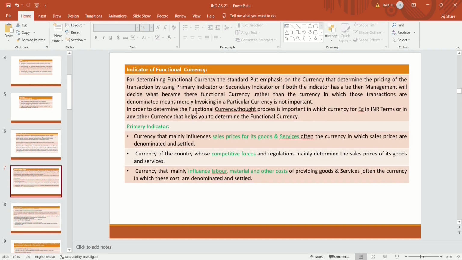How will we get to know which is the functional currency? There are some indicators through which we determine the functional currency.